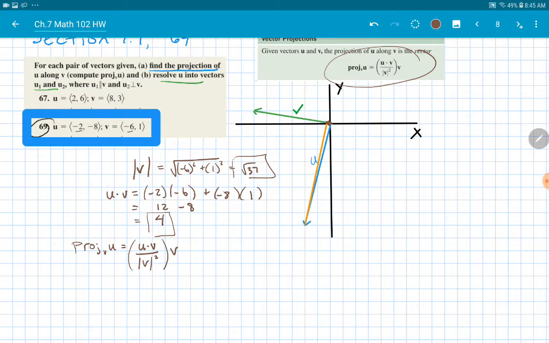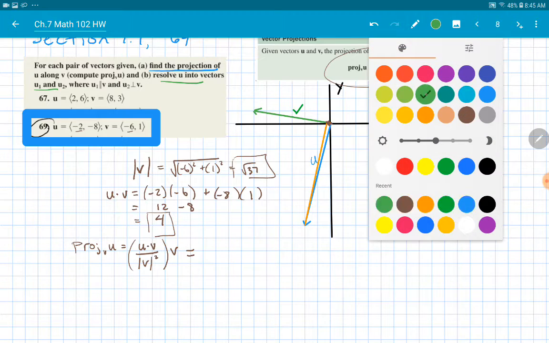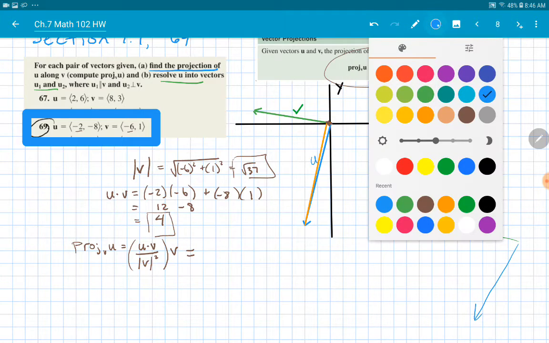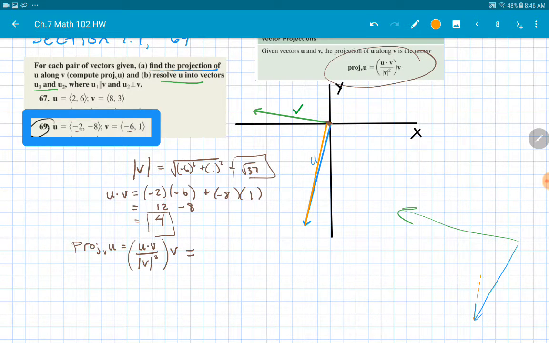Might even make this picture a little bigger so we can see that. I'm just going to make a bigger scale of this sketch, so I can show you.